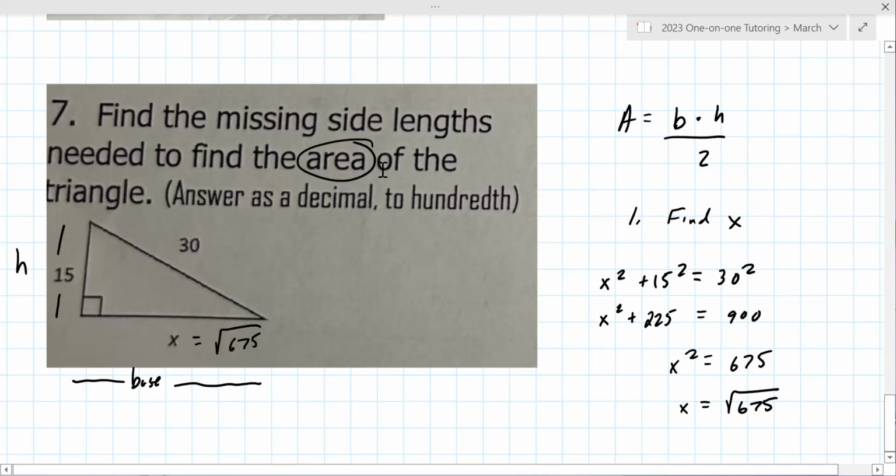Right. Unless this is the final value, then you'd have to, but we're going to use it in here. So your area is the square root of 675 times 15 divided by 2.